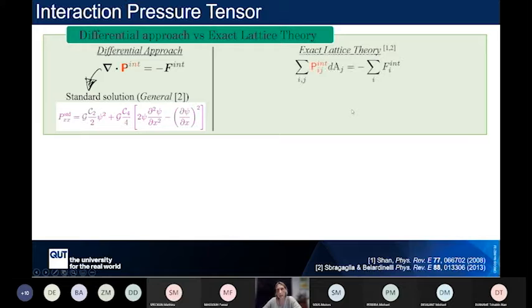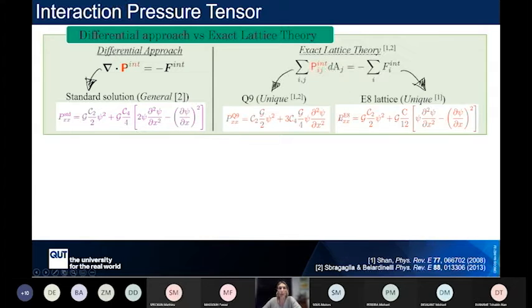The exact lattice theory, as the name says, is exact. So that's the exact relationship to obtain the pressure tensor on the lattice itself. And based on that, again, the literature has demonstrated that we can retrieve the pressure at the continuum limit.